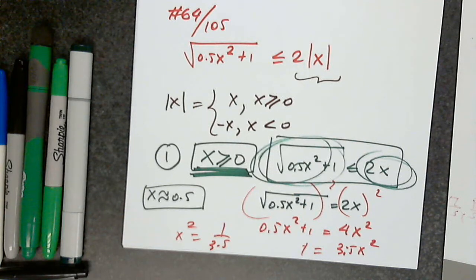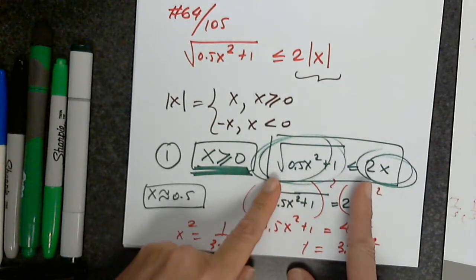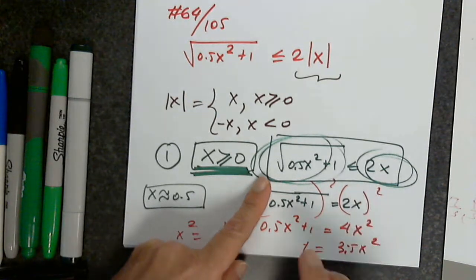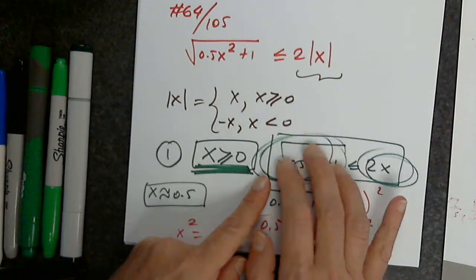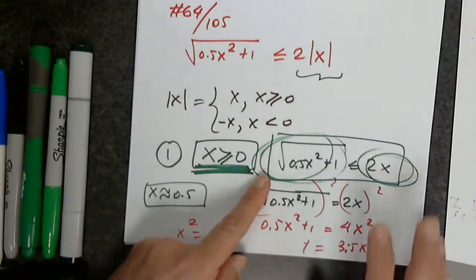I'm asked to solve this inequality. So I am asked to find the interval in which this portion of the graph is below this portion of the graph.